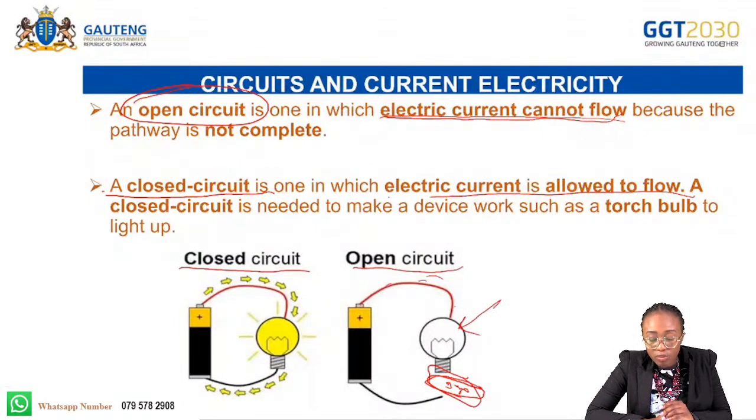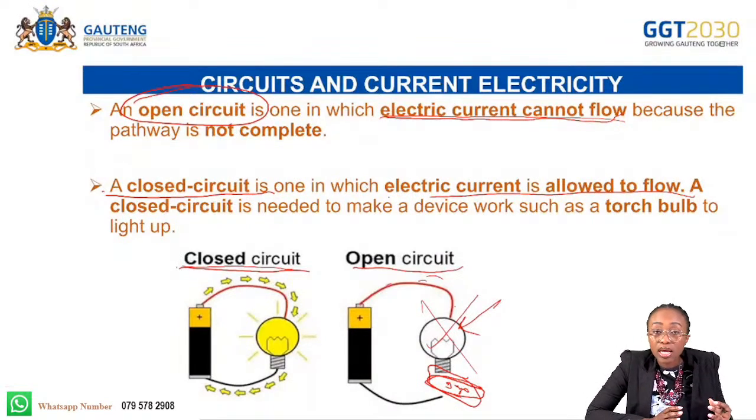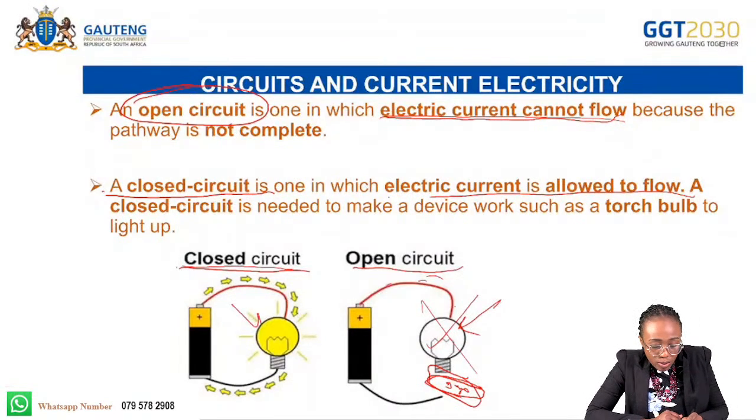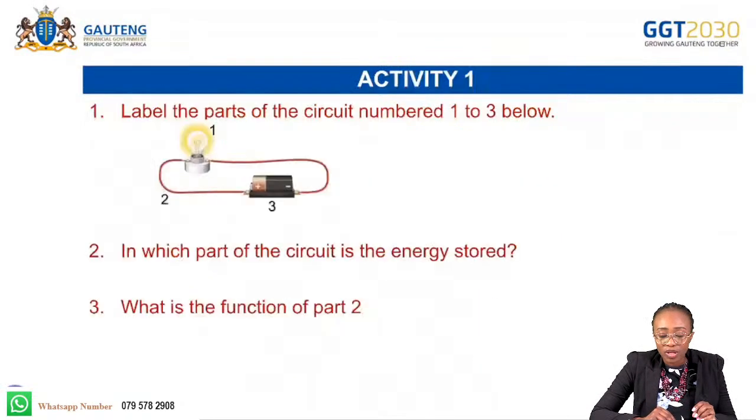Hence, our bulb is not glowing. With a closed circuit, the pathway is complete. Electric current can flow and the bulb is glowing.